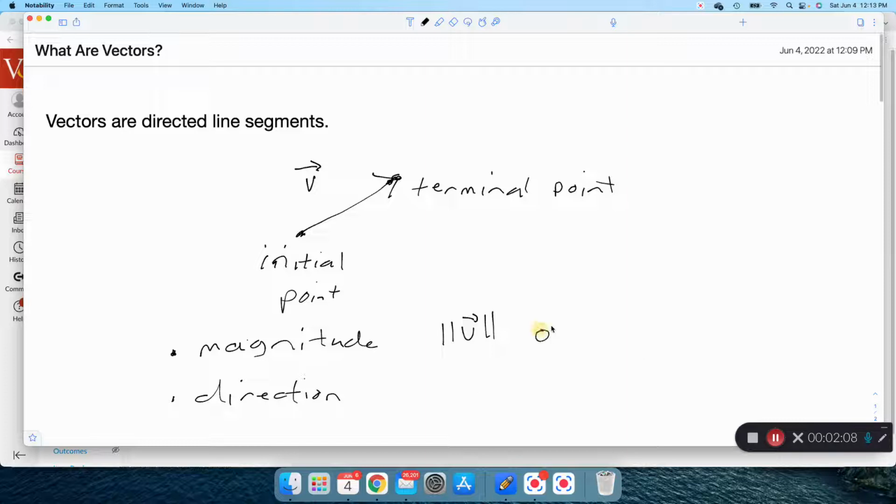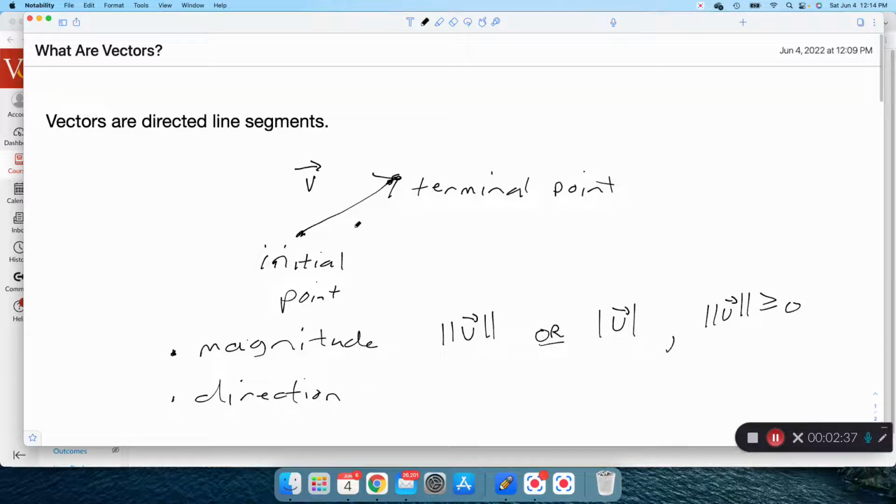Or sometimes we get lazy and just use a single absolute value bar. Magnitude is just a number. It's a positive number. So the magnitude of some vector is always greater than or equal to 0. It can never be negative. And it just tells you how big this vector is, the strength of it.